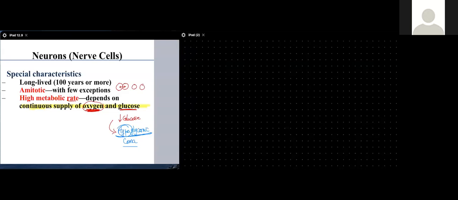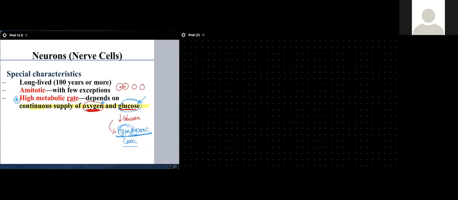All right. So again, why can't your brain function in case of low oxygen or in case of low glucose? Because it has a very high metabolic rate. It needs a lot of energy to function.